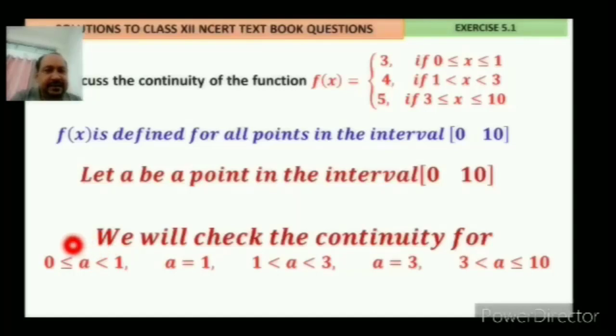a is greater than or equal to 0 but less than 1, a equals 1, a is greater than 1 but less than 3, also a equals 3, and the fifth condition is a is greater than 3 but less than or equal to 10.